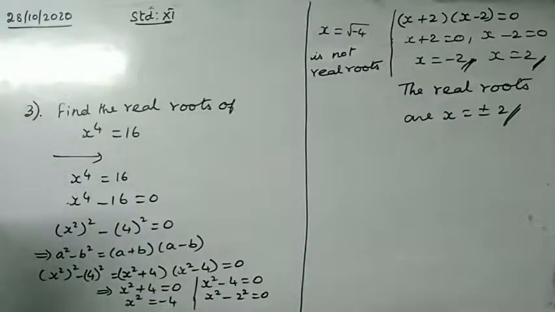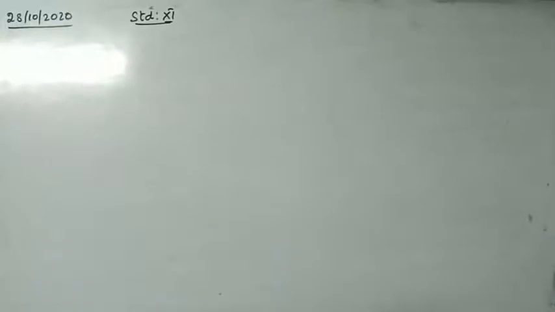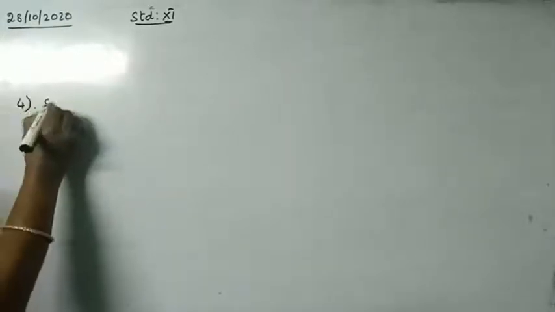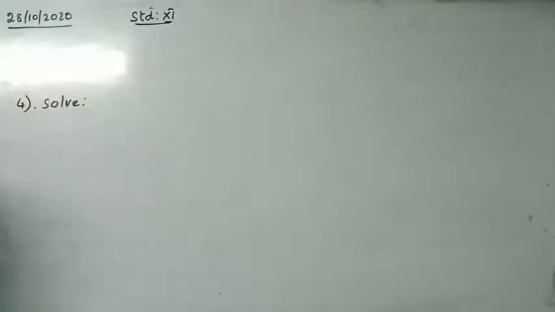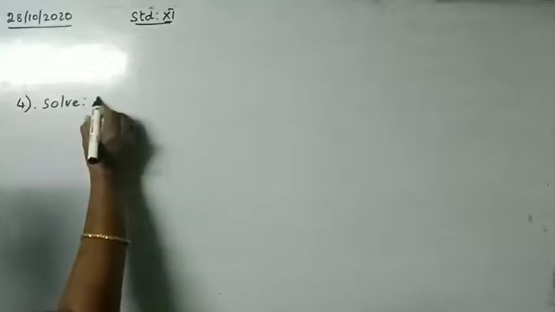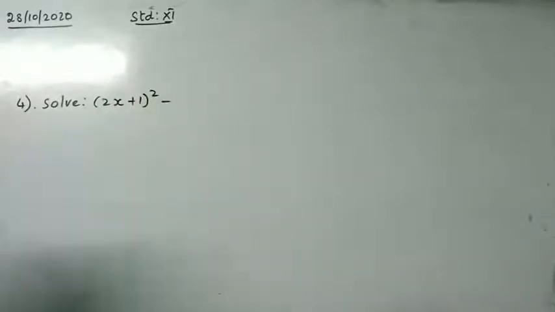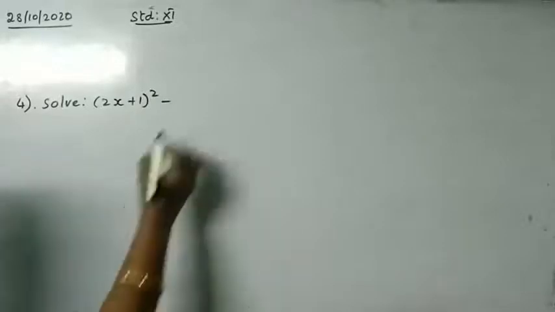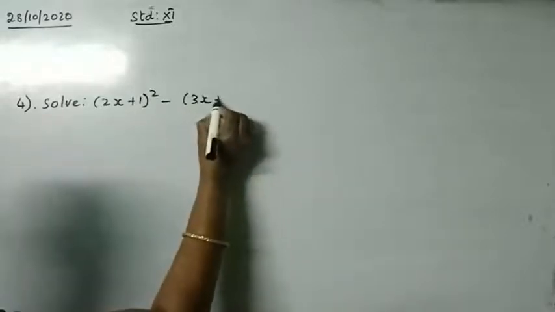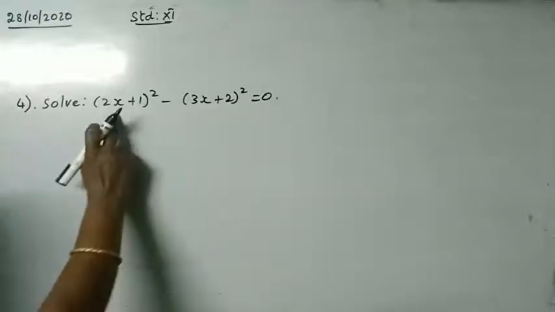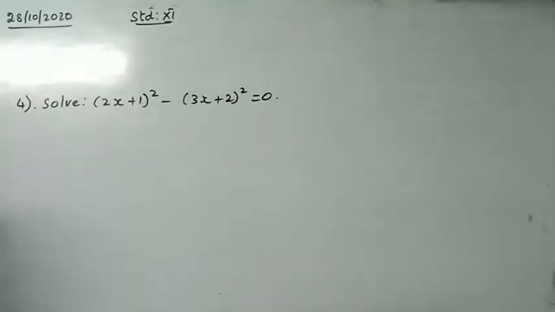Now let me go to the last question. Now last question is solve (2x plus 1) the whole square minus (3x plus 2) the whole square equal to 0. So they themselves have given us an equation.